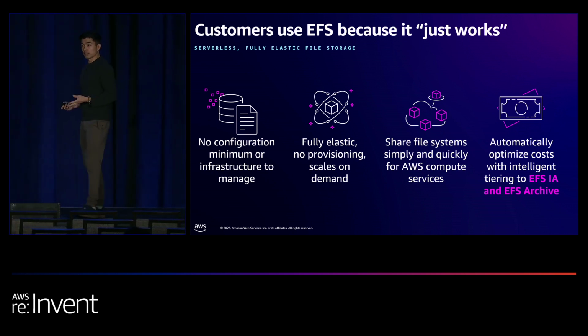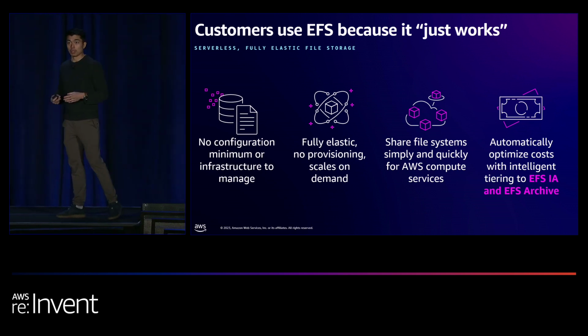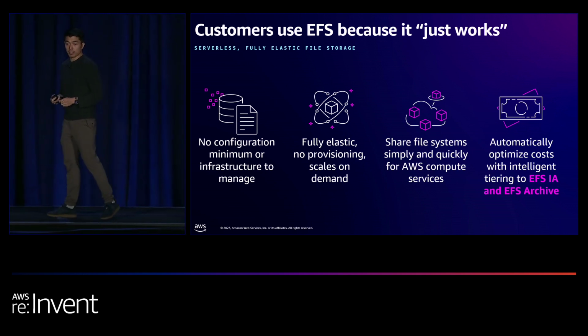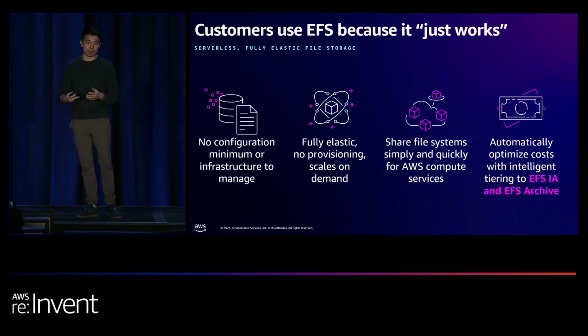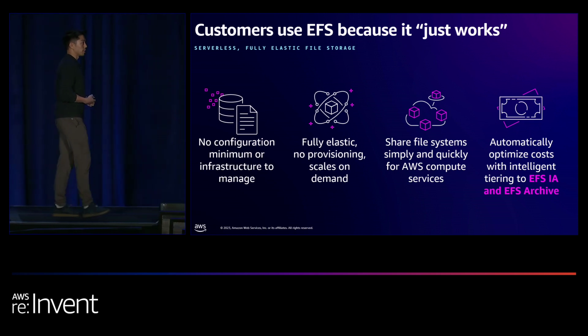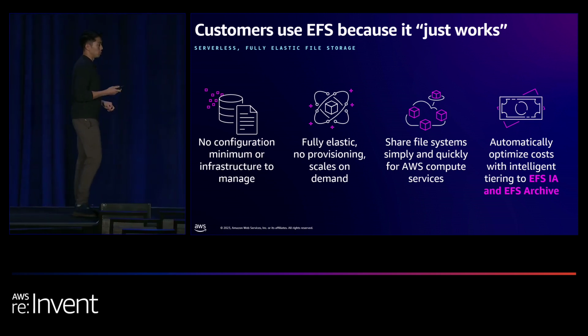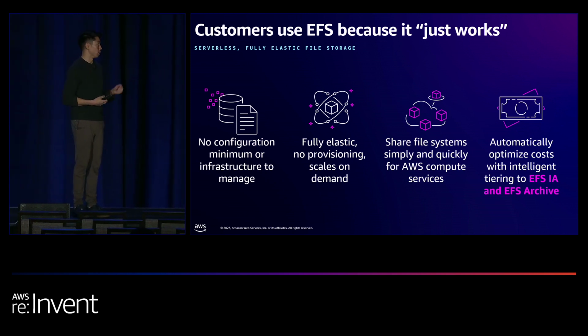It's easily accessible across virtually all forms of AWS compute, so you can design your architecture and have EFS fit your architecture instead of the other way around. And then lastly, it's automatically cost optimized, and we just delivered 2 improvements to this automatic cost optimization experience with our new lower IA price and the new EFS Archive storage class.